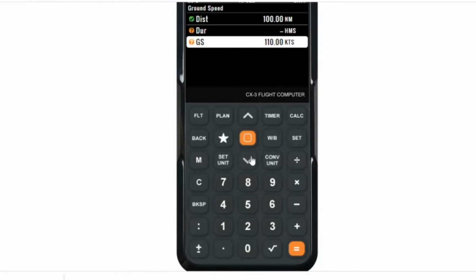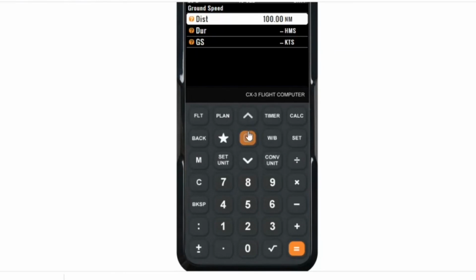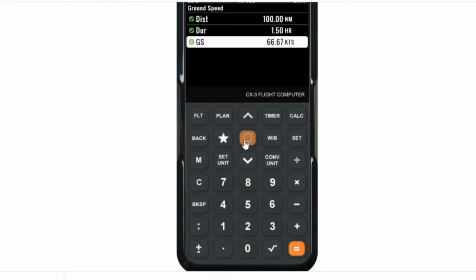We had the time, which it said was 1.5. Let me clear that. 1.5 hours. So I'm going to change the unit here. Hours. 1.5 hours. We get 66.67 knots.